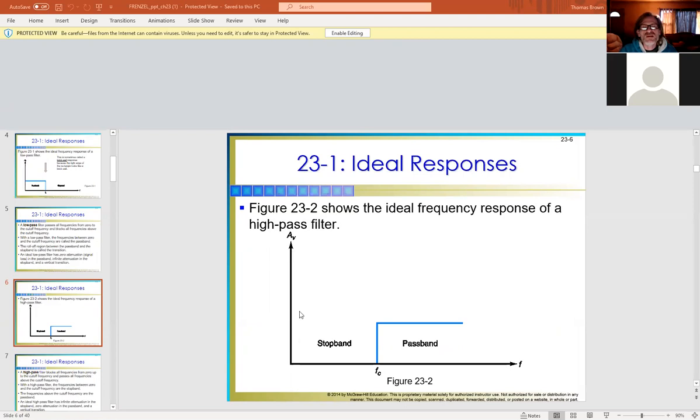We always look at the voltage in comparison to the frequency as far as the voltage magnitude is concerned. In this case, we have what they call a high pass filter, the opposite of the low pass. In this one, we would reject all low frequencies underneath our cutoff frequency and allow all high frequencies to go through.